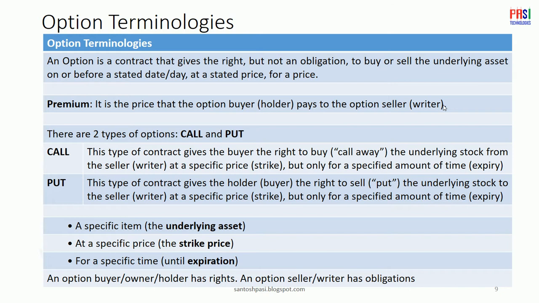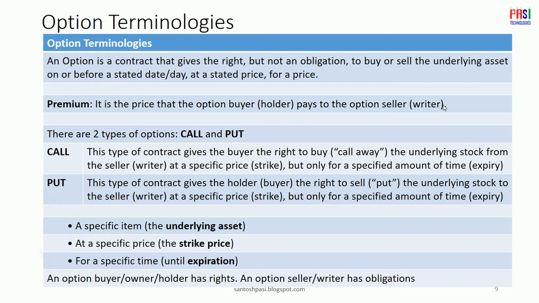To buy a license you have to pay a small amount of money to the government body, and once you pay that license fee, you actually get the right to sell your services. So you have to pay some small money so that you get the right to sell. In this example we get the right to sell my hotel services, and the small money, the license fee, is nothing but my premium.